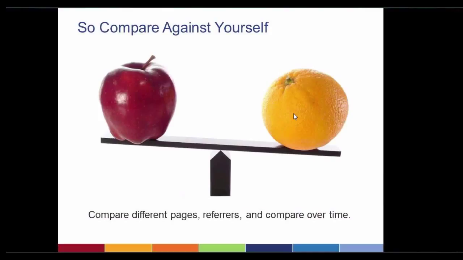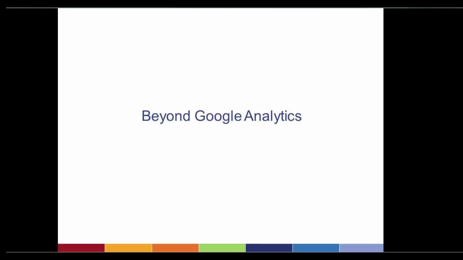The general rule is that because these numbers don't have any inherent meaning in the world, because it depends on exactly how they're defined, you want to compare against yourself. You want to compare pages and referrers over time, so you can actually know what you're comparing to.